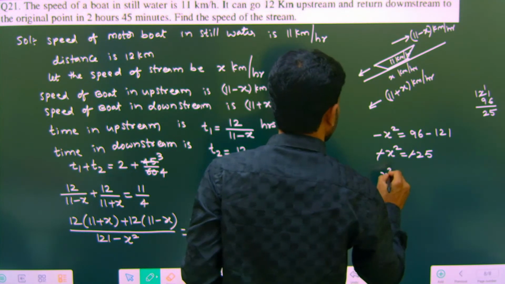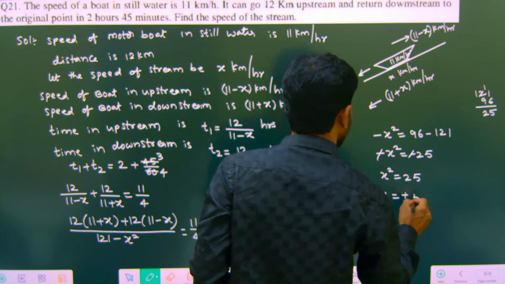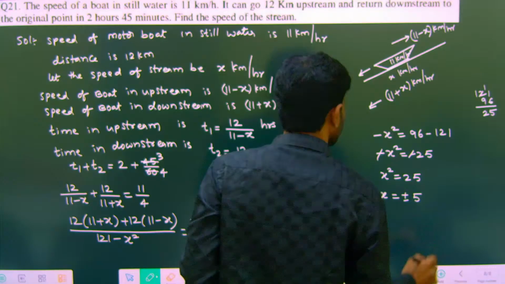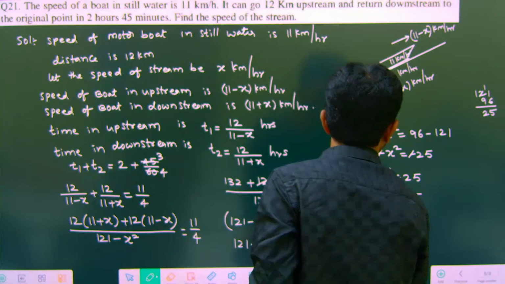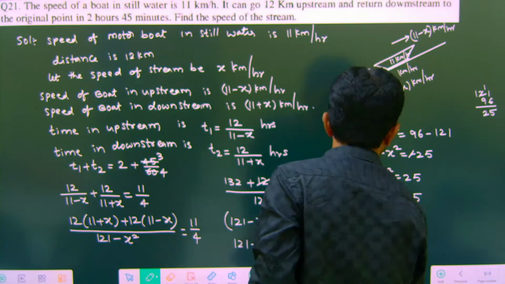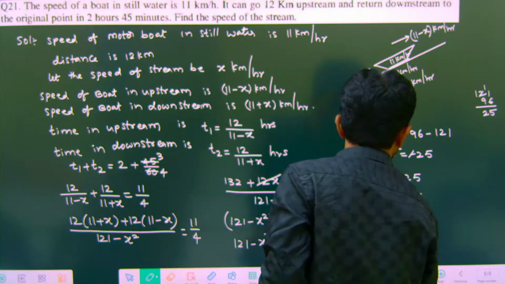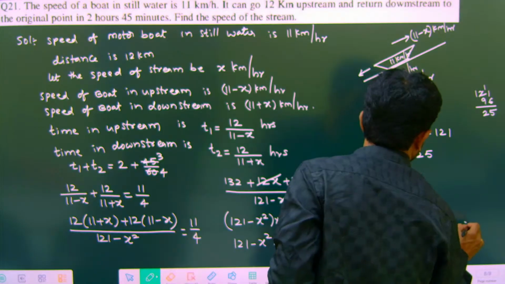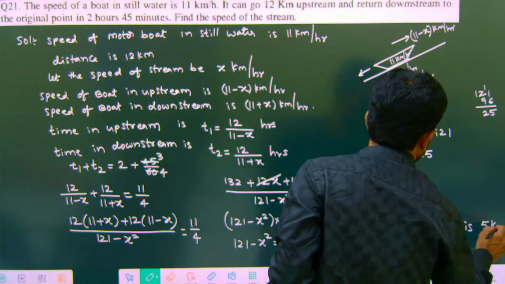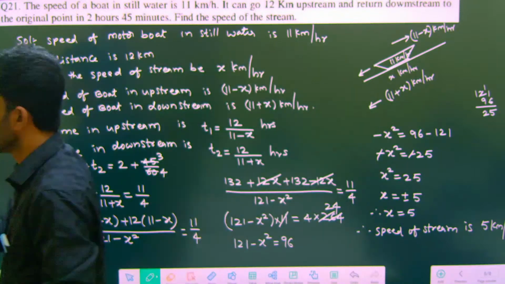X square is equal to 25. X is equal to plus or minus 5. X can't be taken negative because it is speed. Therefore, x is equal to 5. Therefore, speed of stream is 5 kilometers per hour.